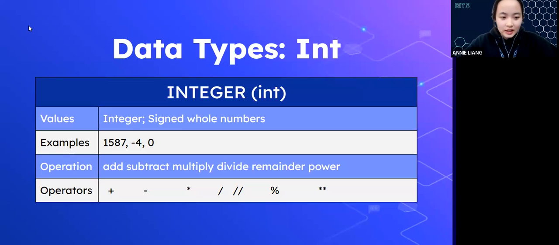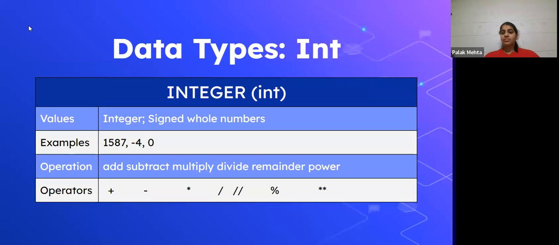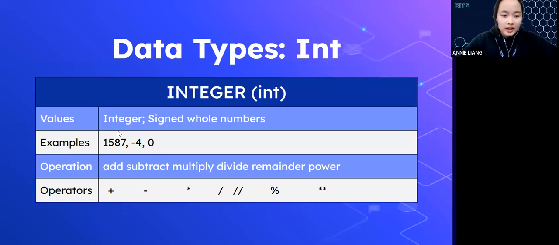So it's any number without a decimal point, without repeating numbers at the end, without variables or i's or cosines. And basically, it's represented as int as a data type in Python. And again, integers use the basic operations as you would in arithmetic. So you guys should be familiar with addition, subtraction, multiplication, and division.